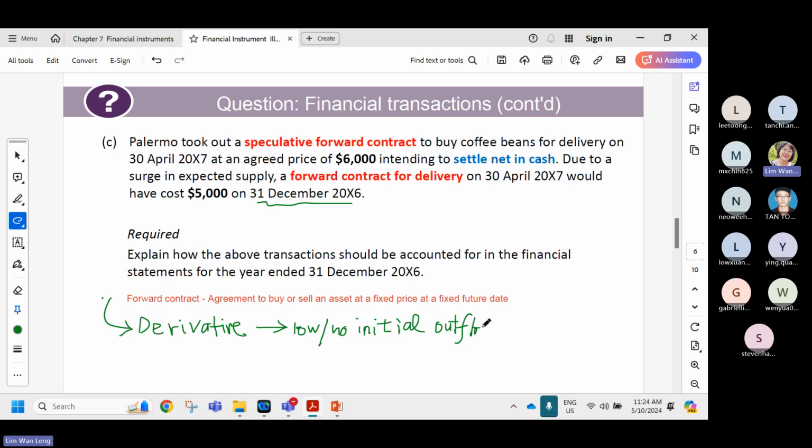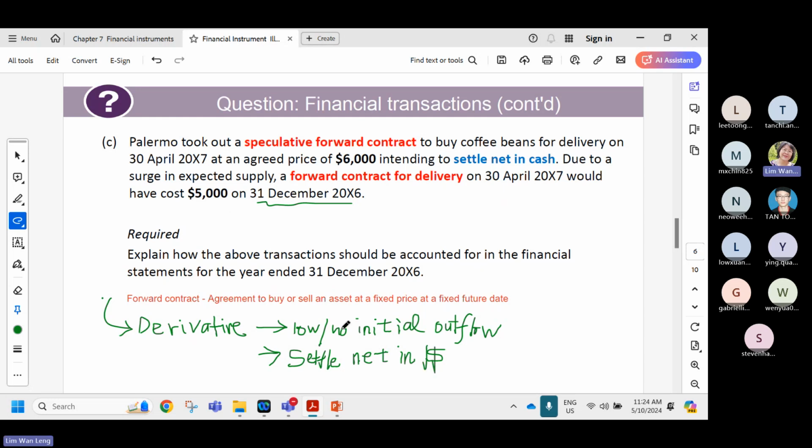So no need to pay at the initial. The next characteristic is that you have to settle net in cash.